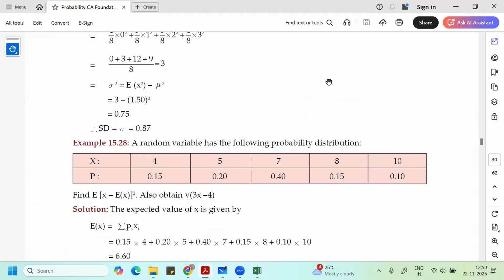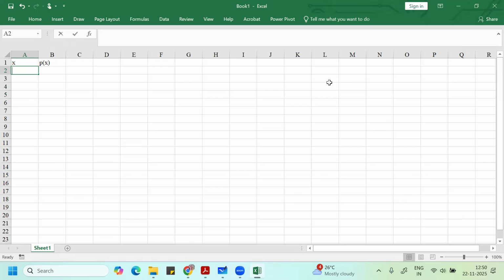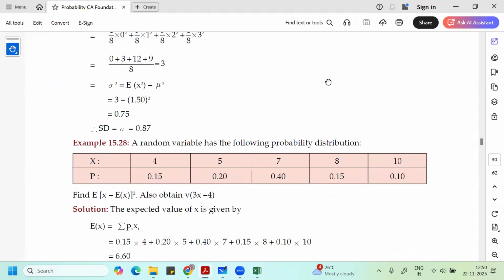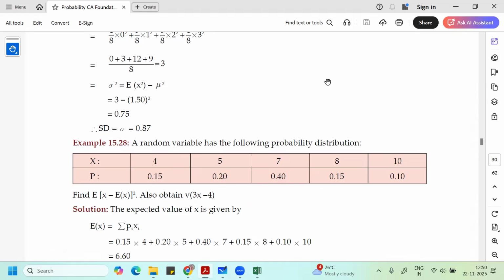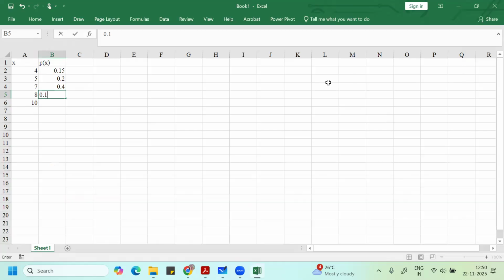X values are 4, 5, 7, 8, 10. And P of X values are 0.15, 0.20, 0.40, 0.15, and 0.10.